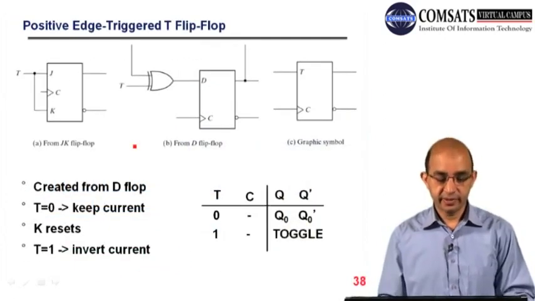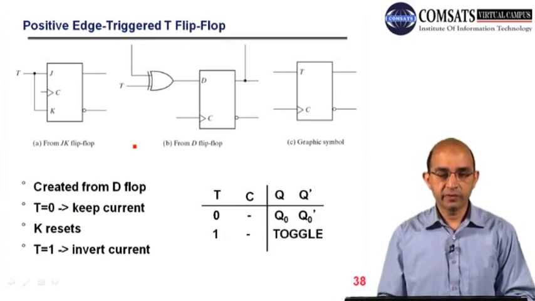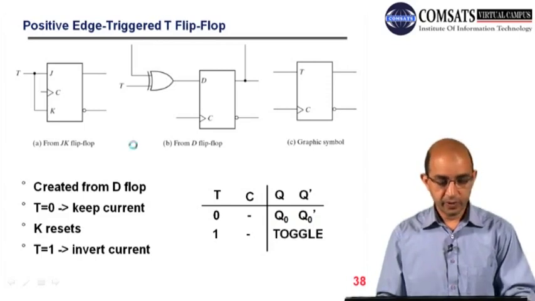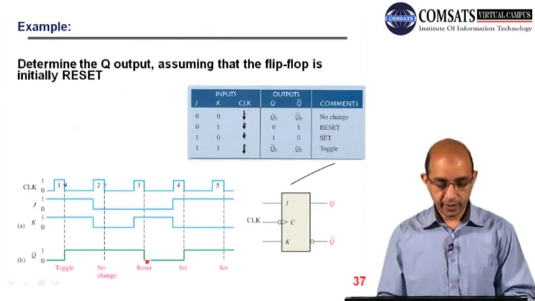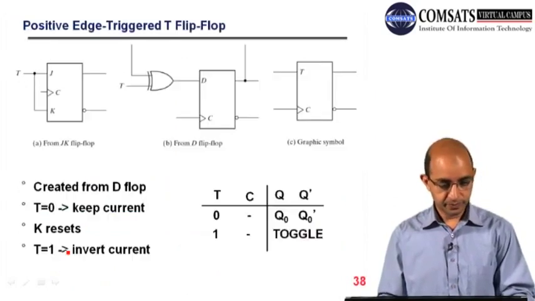So we have discussed the JK flip-flop, and we have seen a new scenario where whenever we have J and K both 1, we achieve the toggle. If we have both J and K 1 1, we will toggle from 0 to 1, and if we have 1 here, then we will have a 0.